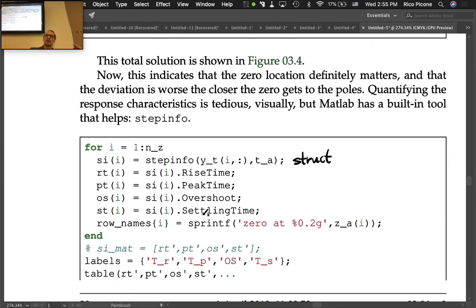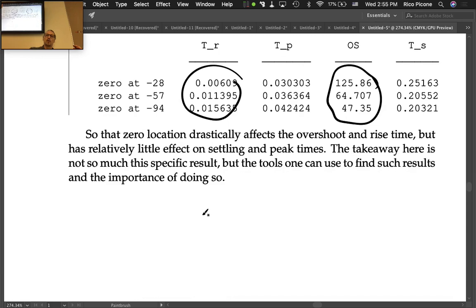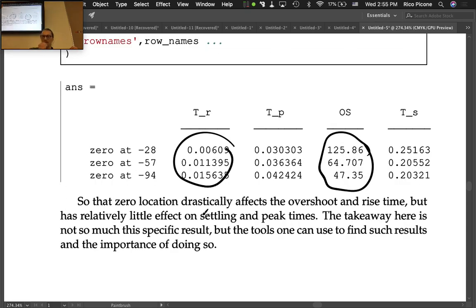Otherwise, you end up in quite a bit of trouble if you've got this assumption that you're going to have a settling time of 0.1 seconds, but it's actually 0.2 seconds. Well, you missed your mark by 100%, so that's significant.